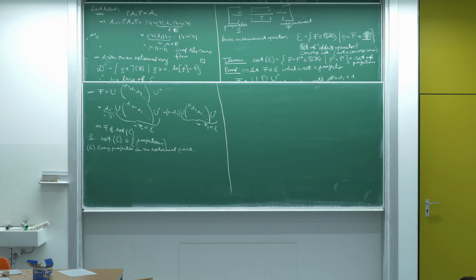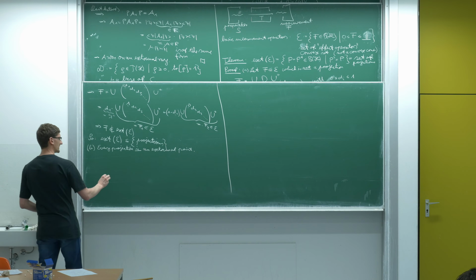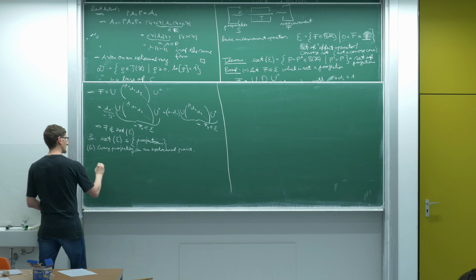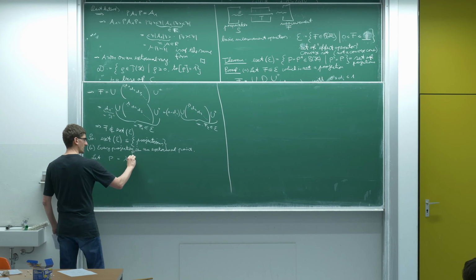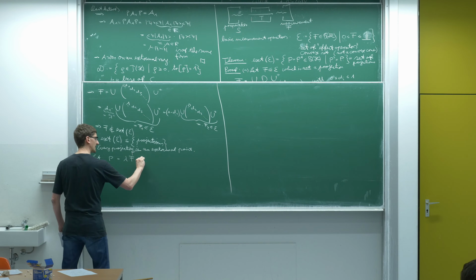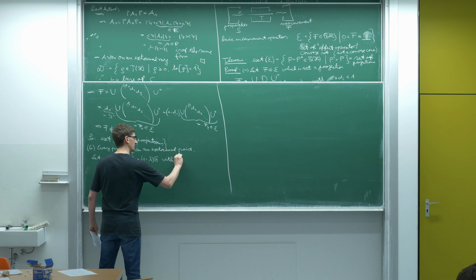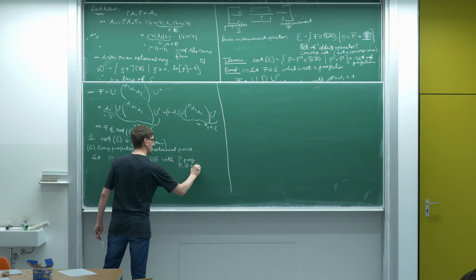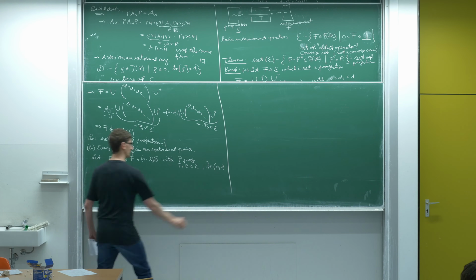Well, maybe I'll go over this a bit faster. So take a projection P. Let P equal lambda times F plus 1 minus lambda times G, with P a projection and F and G effects, and lambda again in the open interval between 0 and 1.